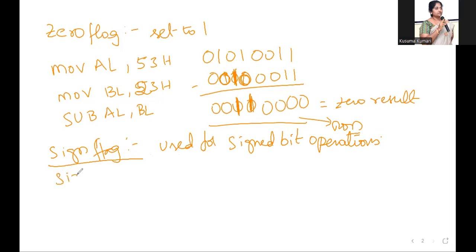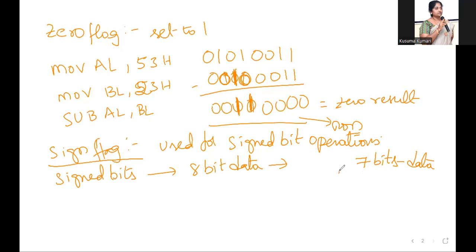For example, in case of signed bits, if it is 8-bit data, then 7 bits indicate data, and the last bit, the MSB, indicates the sign or polarity, whether it is positive or negative.